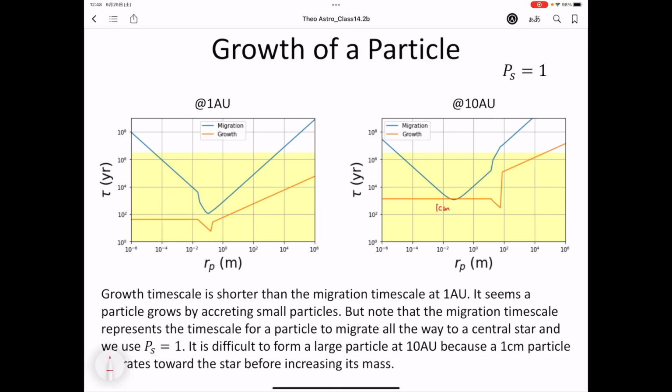It is difficult to form a large particle at 10 AU because 1 cm particles migrate toward the star before increasing its mass. So we need to consider some mechanism to speed up the growth process of particles, especially around 10 AU. So in this section, we considered the growth process of a solid particle in a disk. Okay, this is the end of this section.